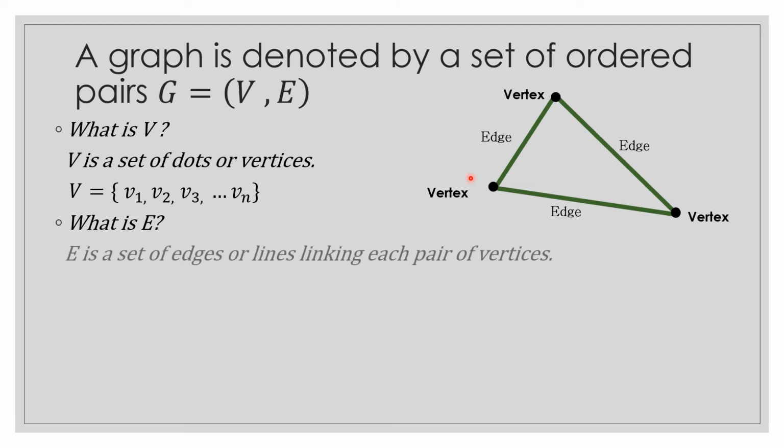Then what is E? E is a set of edges or lines linking each pair of vertices. So for E, you have E1, E2, E3, and you can have En, depending on the graph, how many edges you have.